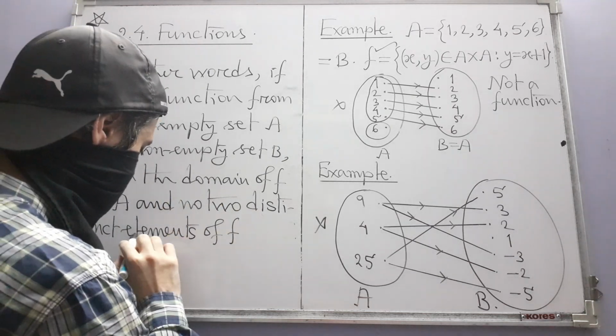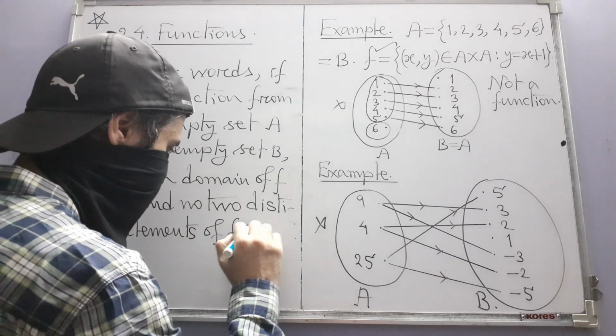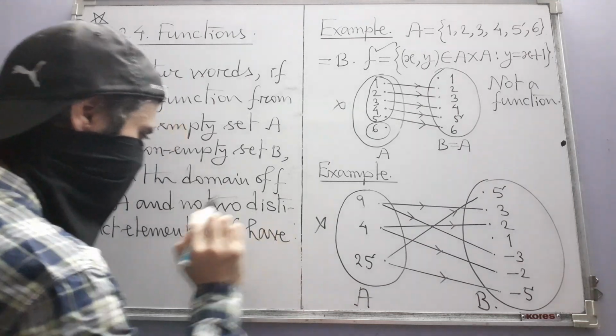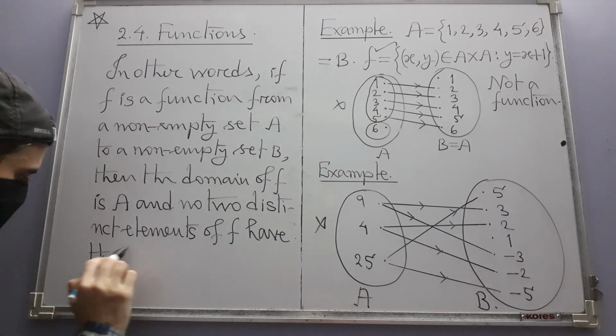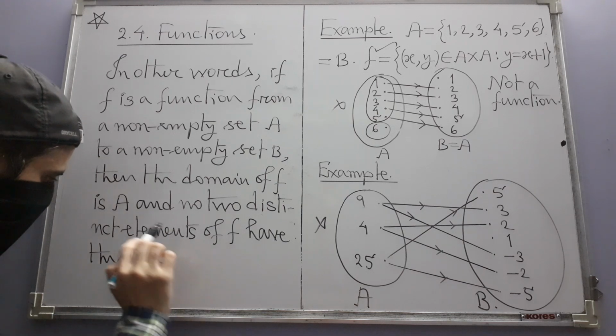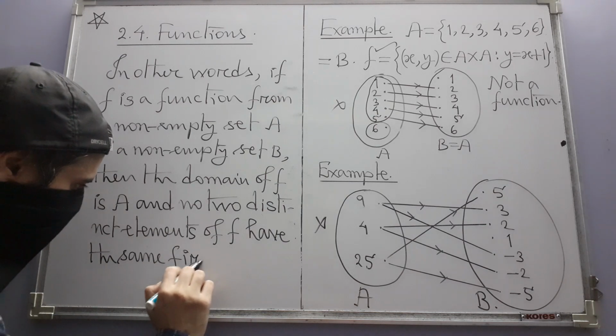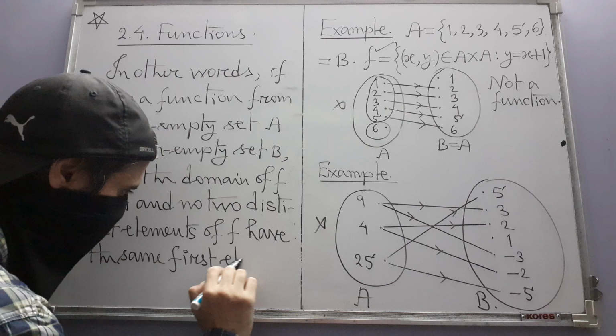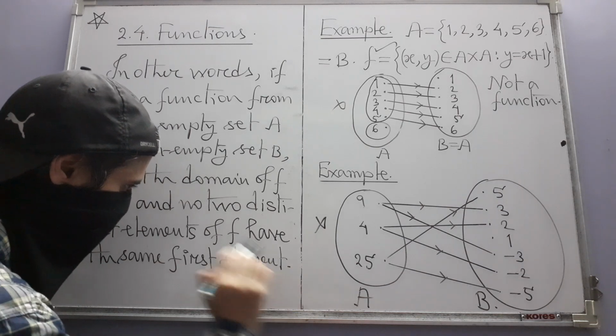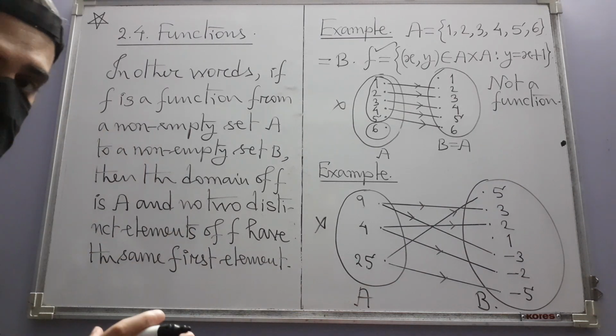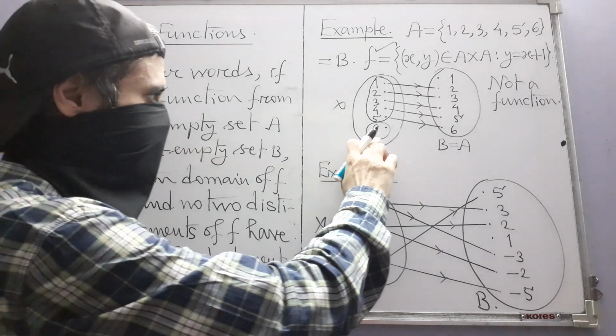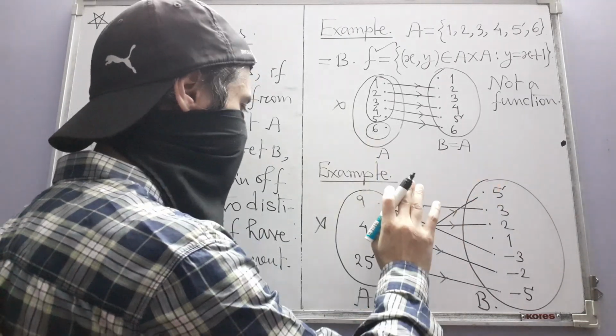No two distinct elements of f have the same first element. The domain needs to be A. In this case, the domain is not A, so this is not a function.